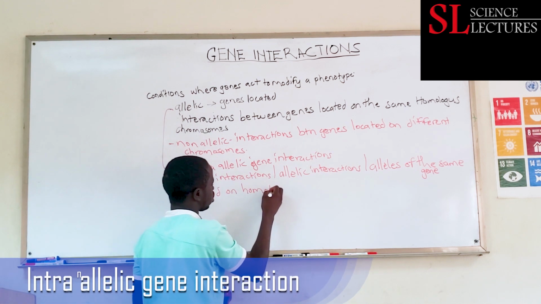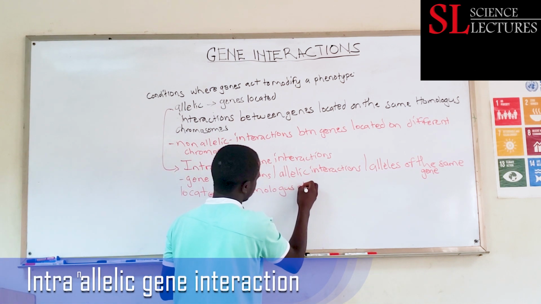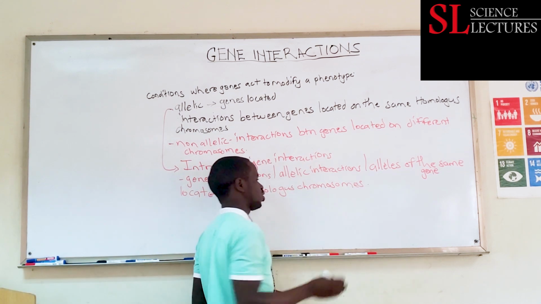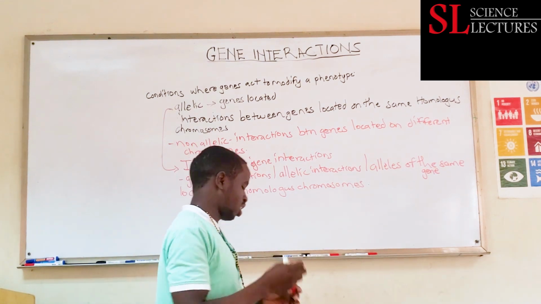Homologous chromosomes are chromosomes that have similar genes.